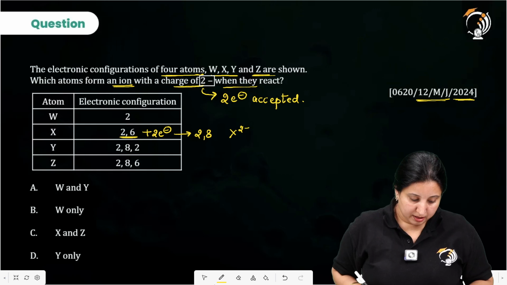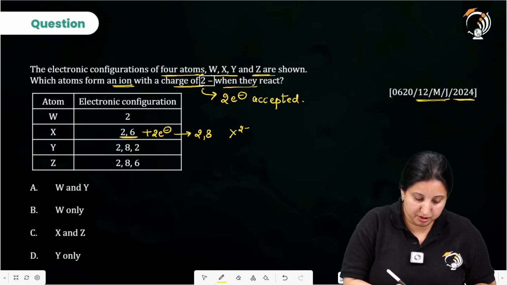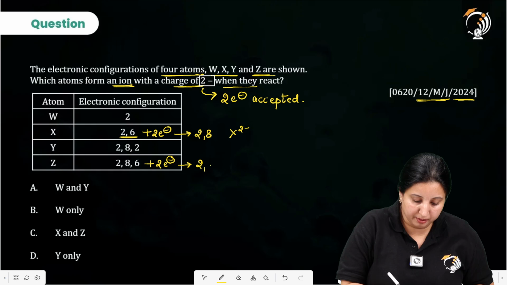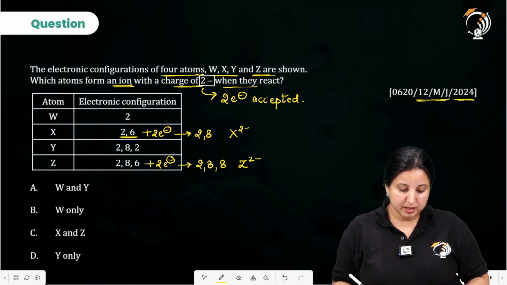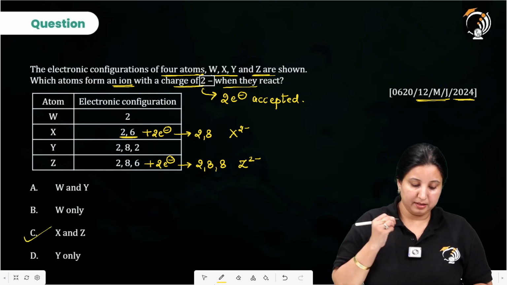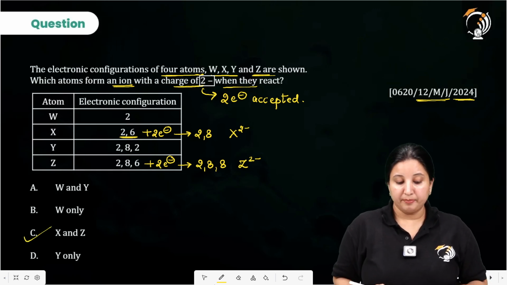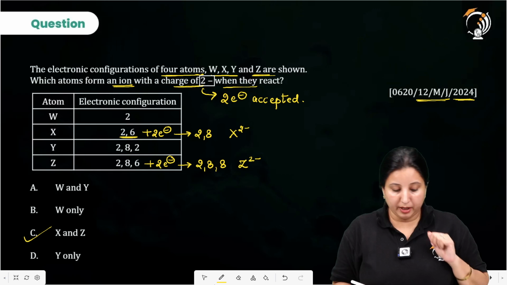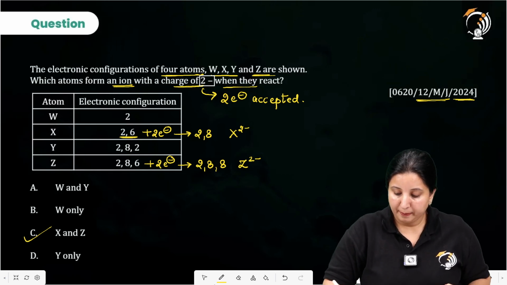And if I talk about Z, when it is going to accept the 2 electrons, it will become 2 8 8, and it will become Z2 minus, isn't it? So basically the answer is going to be X and Z. Got the answer? Why? Because when they are accepting the 2 electrons, their octet is fulfilled.